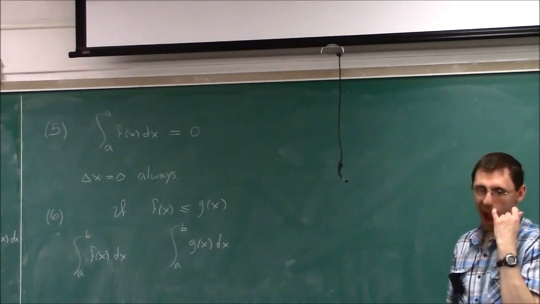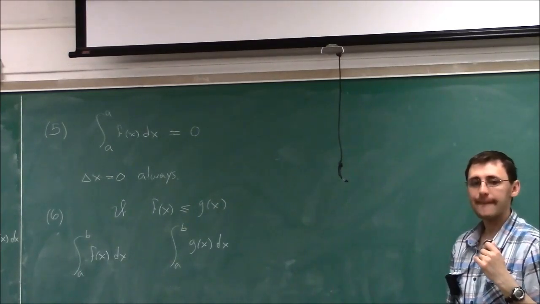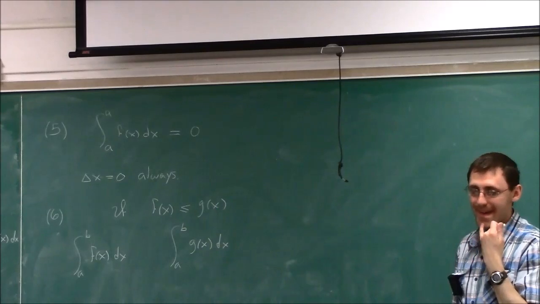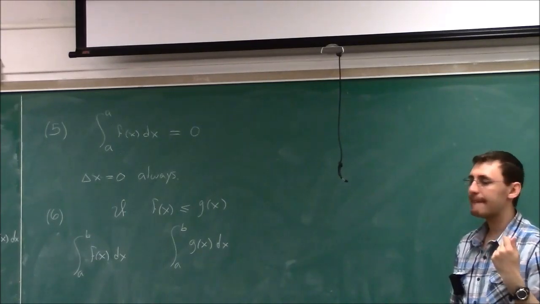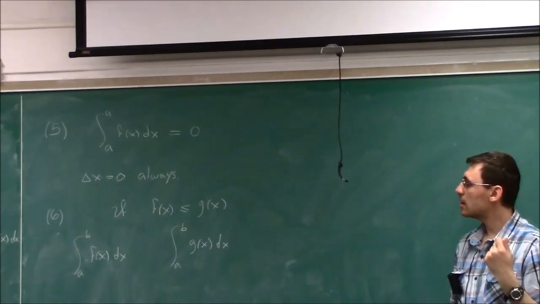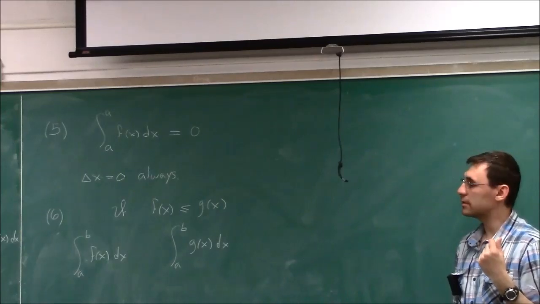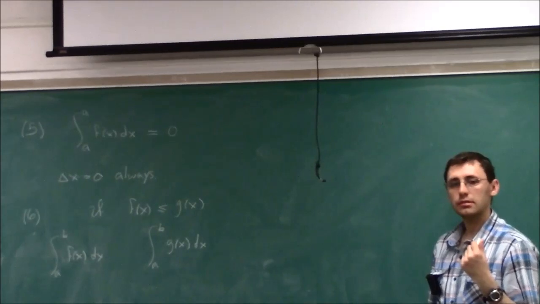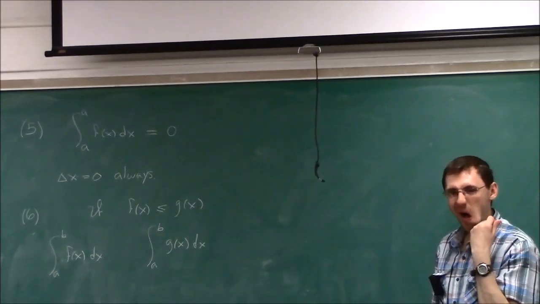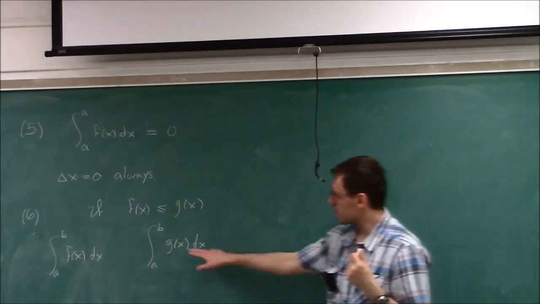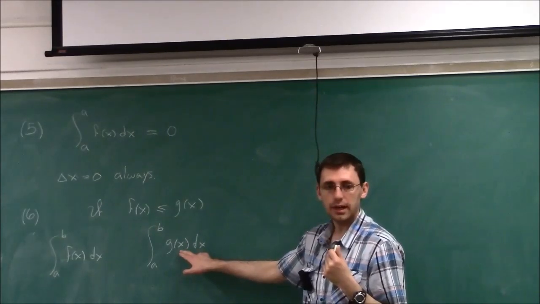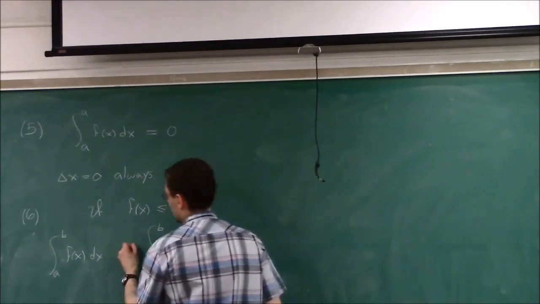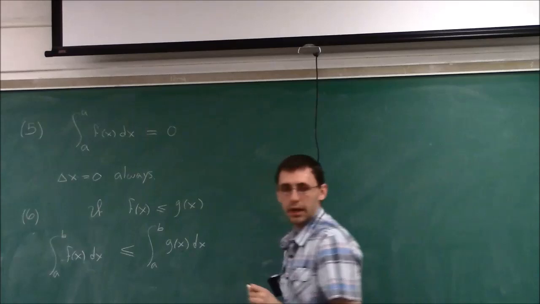What can you say? Well, g is bigger than f. So the sum will be bigger. Yeah, so those rectangles have bigger heights, so intuitively you know it would be like this. And you can prove it.